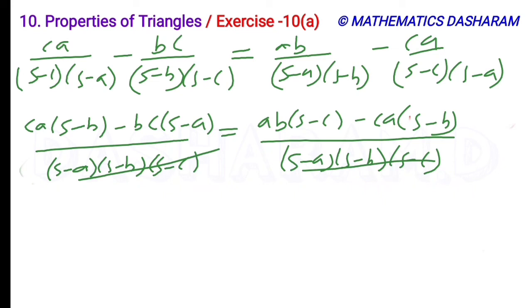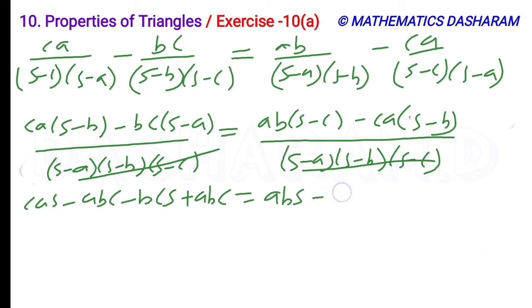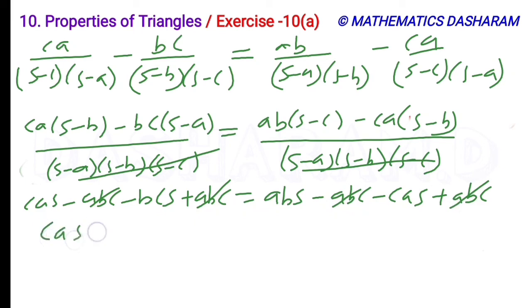Now multiply ca inside, so cas minus abc minus bcs plus abc equals abs minus abc minus cas plus abc. So minus abc plus abc, minus abc plus abc cancel, cas minus bcs equals abs minus cas.